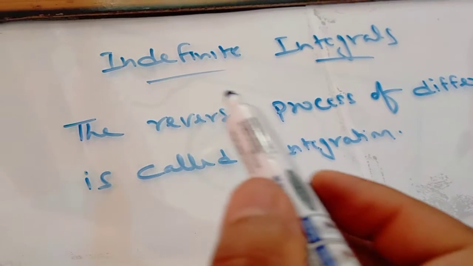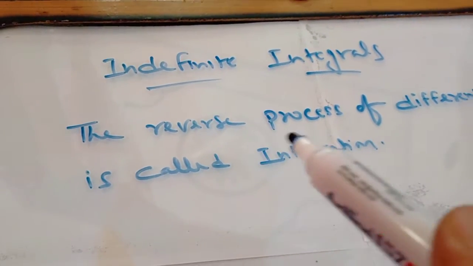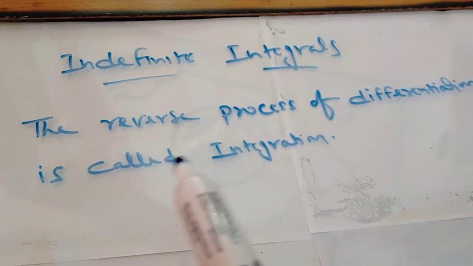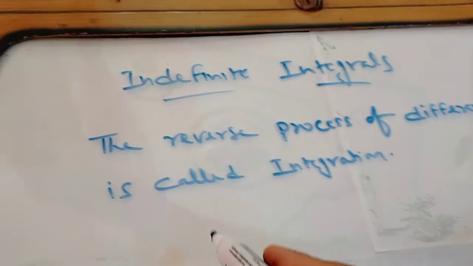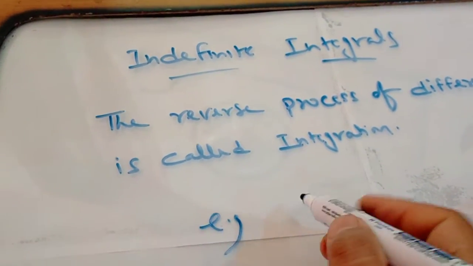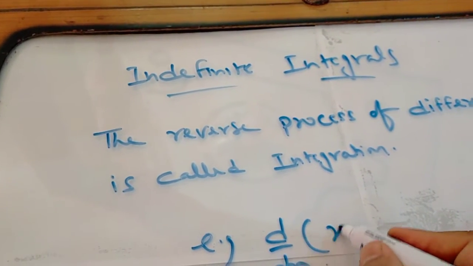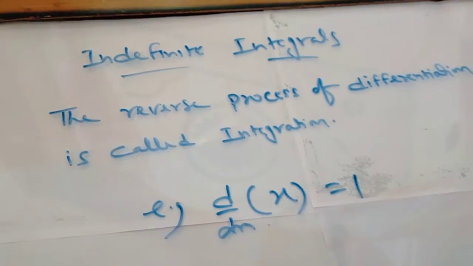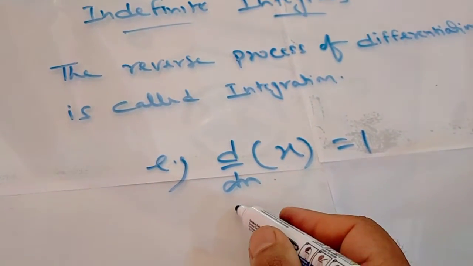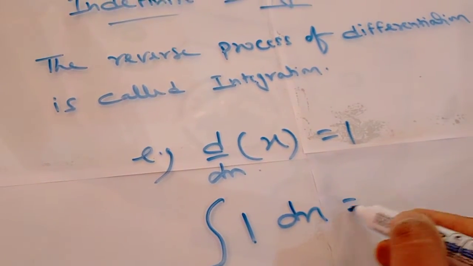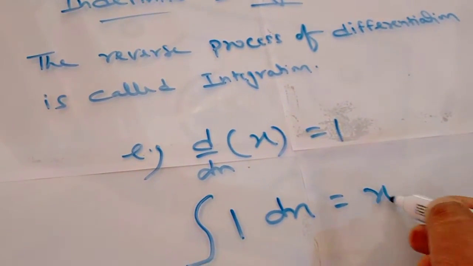Today we are going to start the indefinite integrals, and we know the reverse process of differentiation is called integration. For example, as you know, differentiation of x is 1. So if you are finding the integration of 1, your result is x.